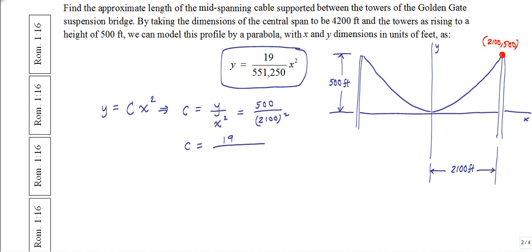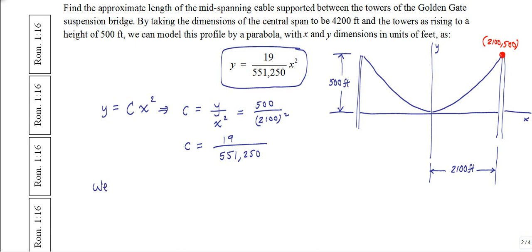It reduces to 19 over 551,250. Okay, so at any rate, now we have an expression for y, and what I'm going to do then is, well, let's remind ourselves what the expression for the differential arc length was.